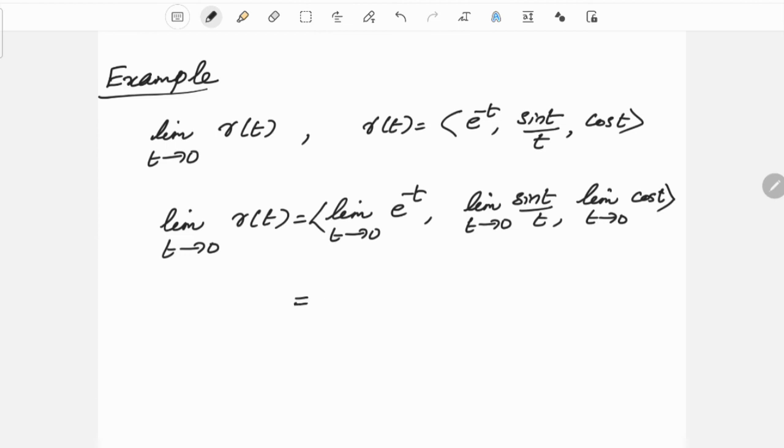Here as t tends to 0, e raised to minus t is 1, sin t by t is 1 and cos 0 is also 1, therefore our limit is i plus j plus k.